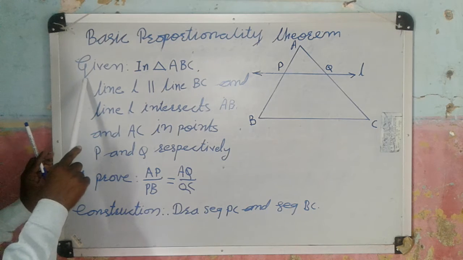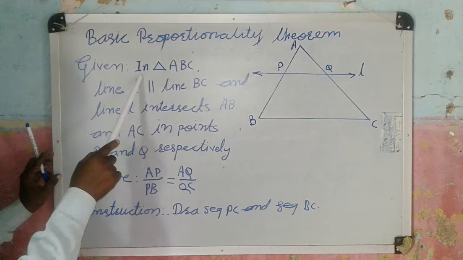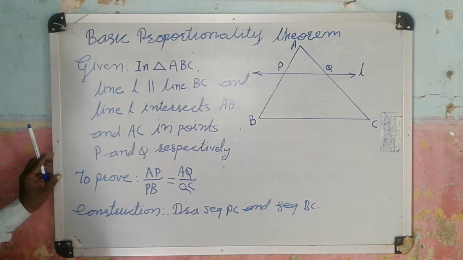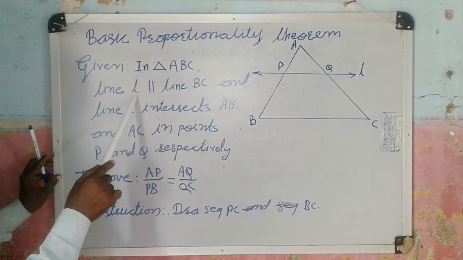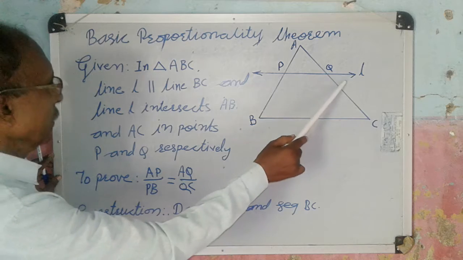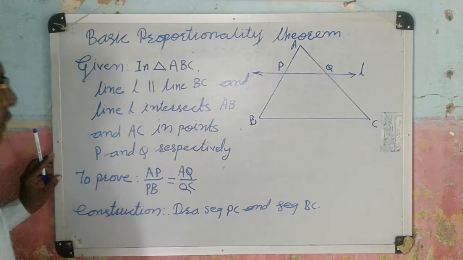Now see here, which are the given things? Here triangle ABC is given, and line l is parallel to line BC.